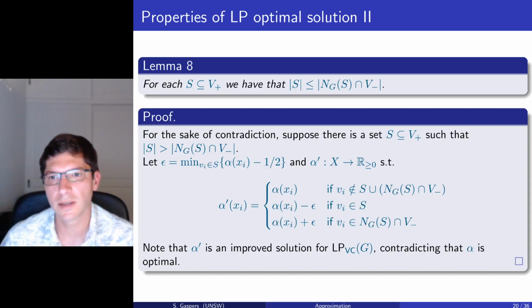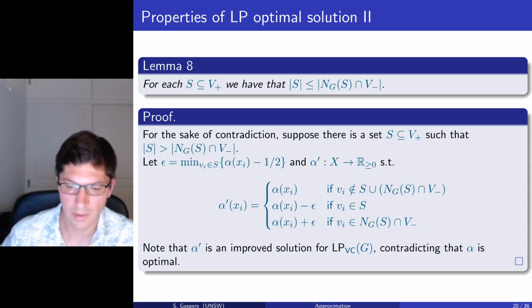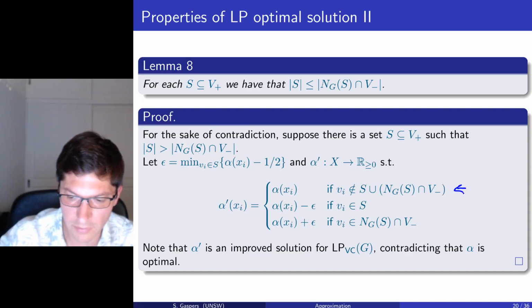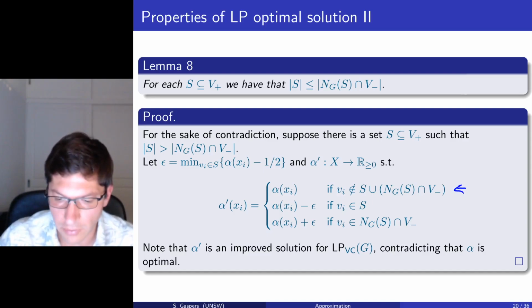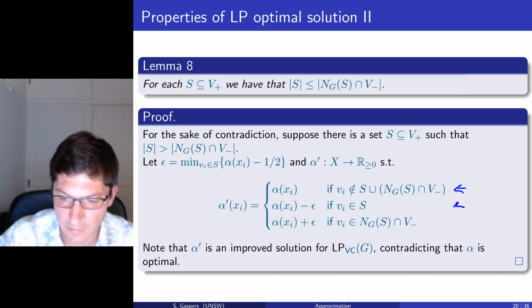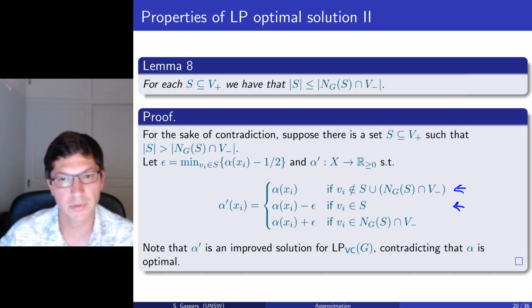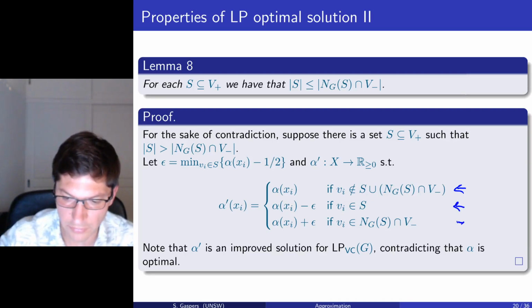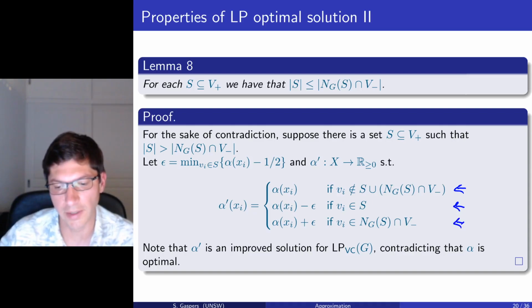And now I define a new assignment of values to all of the variables. For those that are not in S or its neighborhood in V minus, I don't touch them, so I leave them the same. Now for all of the vertices in S, we decrease their value by epsilon, and for all of the vertices in the neighborhood of S intersect V minus, we add this value epsilon to them.